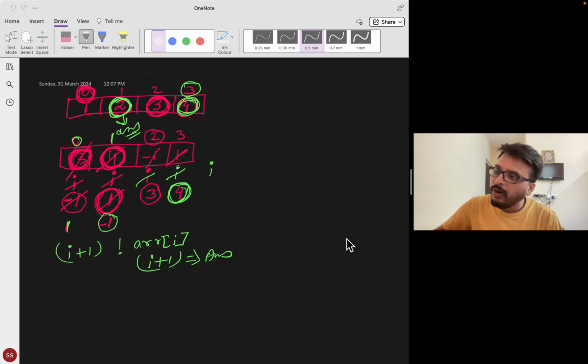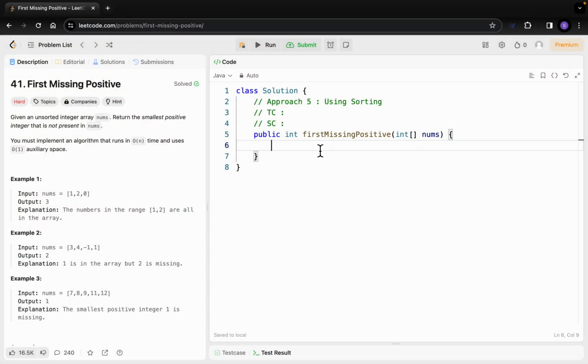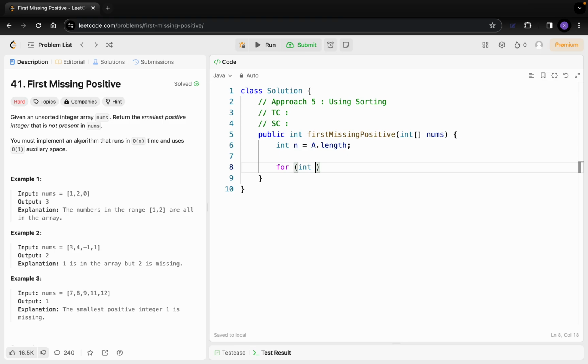Okay, now let's code it. So int n equal to a dot length, and for int i equal to 0, i is less than n, i plus plus.